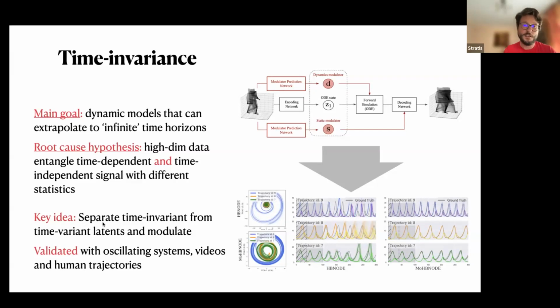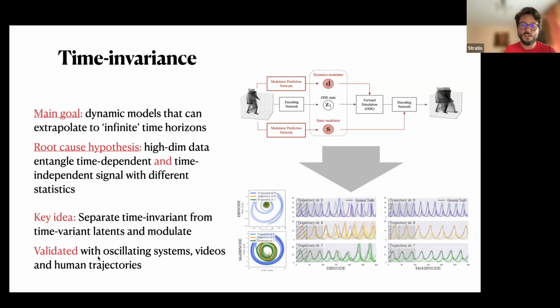So our key idea here is to separate the time variant from the time invariant latent somehow, and modulate the learning. And in this work, we propose such a model, which we validate successfully with various spatial-temporal problems like oscillating systems, videos, and human trajectories, showing the generality of the work.